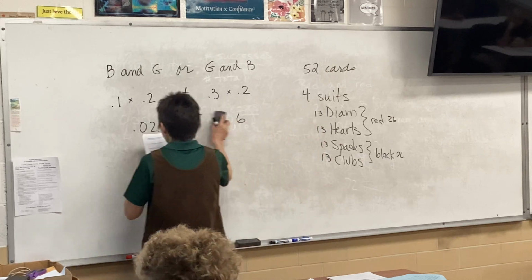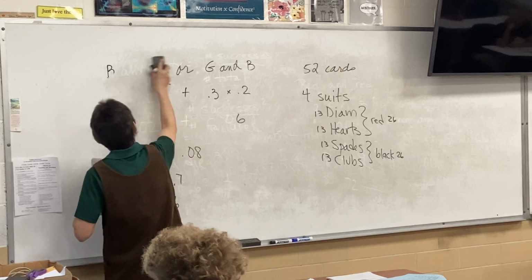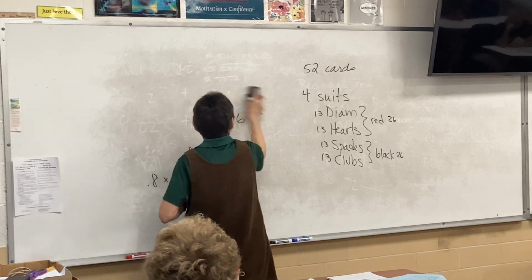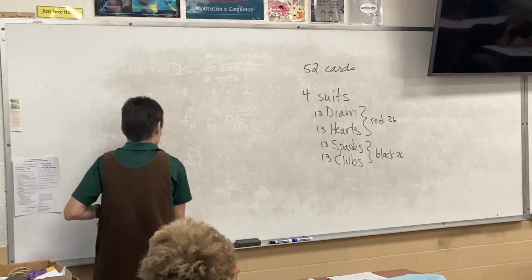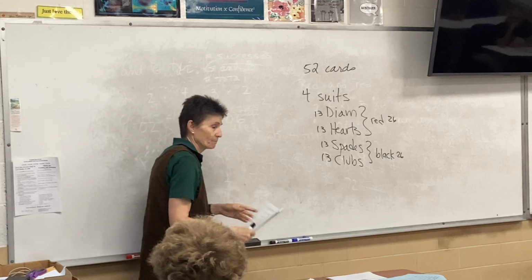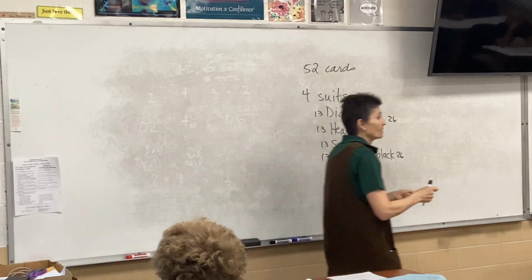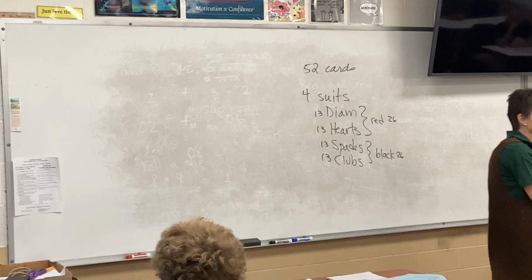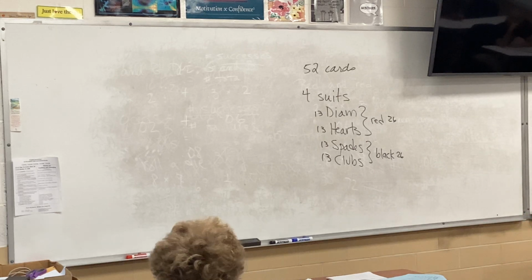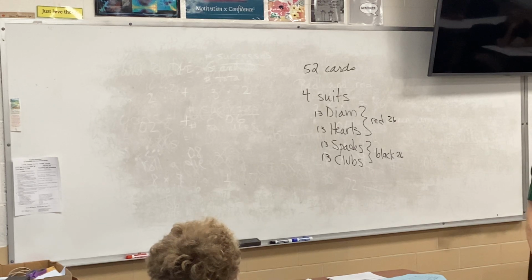All right, letter A. How many 5-card hands are possible? So we've got 52 cards here, and I'm going to deal out 5 cards to Kamari. How many different hands could I deal to him? Okay, any thoughts on that? It's a huge number.